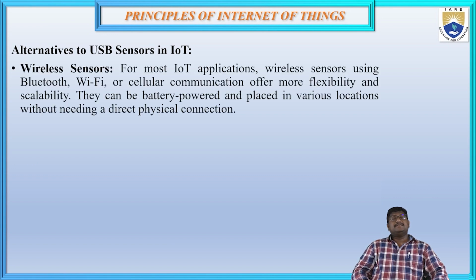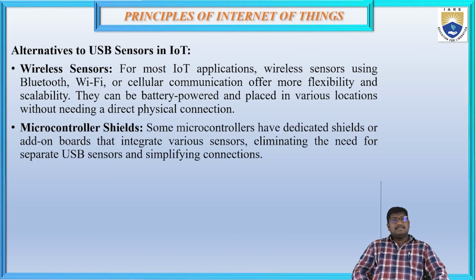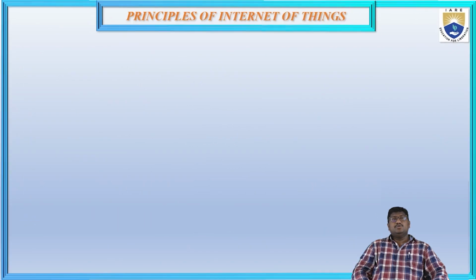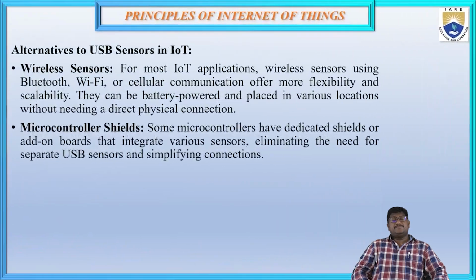The alternatives for USB sensors are wireless sensors and microcontroller shields. These are the two alternatives utilized in IoT systems. How will a wireless sensor work?